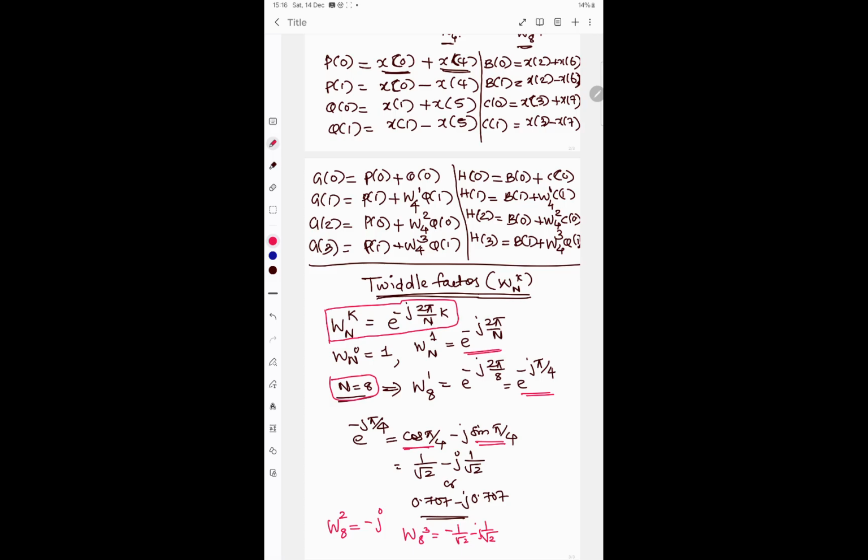In the same way you can calculate the other values. Then W8 power 7 will give you j. So likewise you will be able to find all other values using the basic equation of the twiddle factor, Wn to the power k equal to e raised to minus j 2 pi by n times k. And this twiddle factor is one of the important components of the FFT calculation. Thank you.